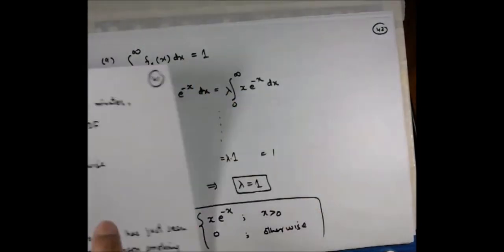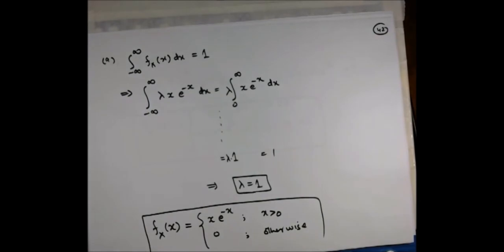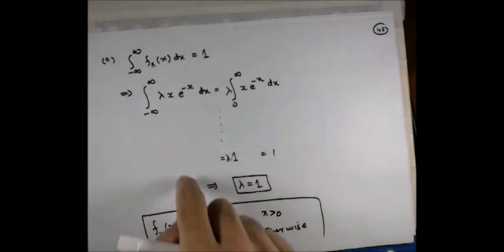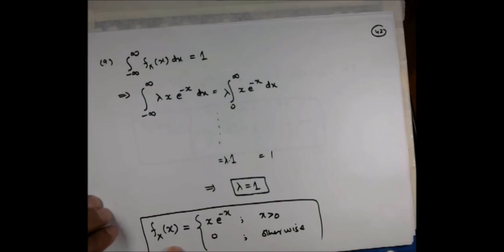So to find the value of lambda here, we utilized this relation, and we integrated, and we found that lambda is equal to 1. So this expression simply becomes this, where lambda is equal to 1. So this was our final expression for the PDF.